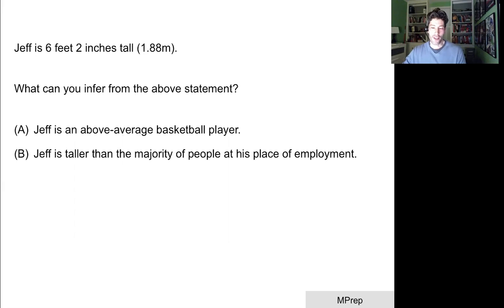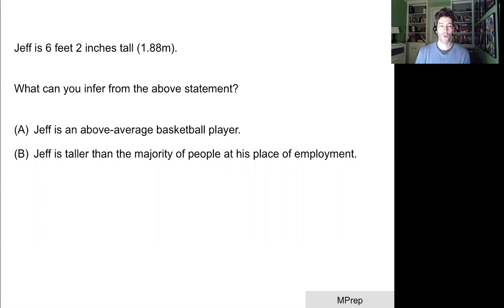Well, again, you would expect so, right? But all that you have to do is come up with one situation where it's not true. So let's imagine a fantasy world now where I am really good at basketball and I'm so good that I play professionally. Chances are that 6'2" is not above average height for a professional basketball player.